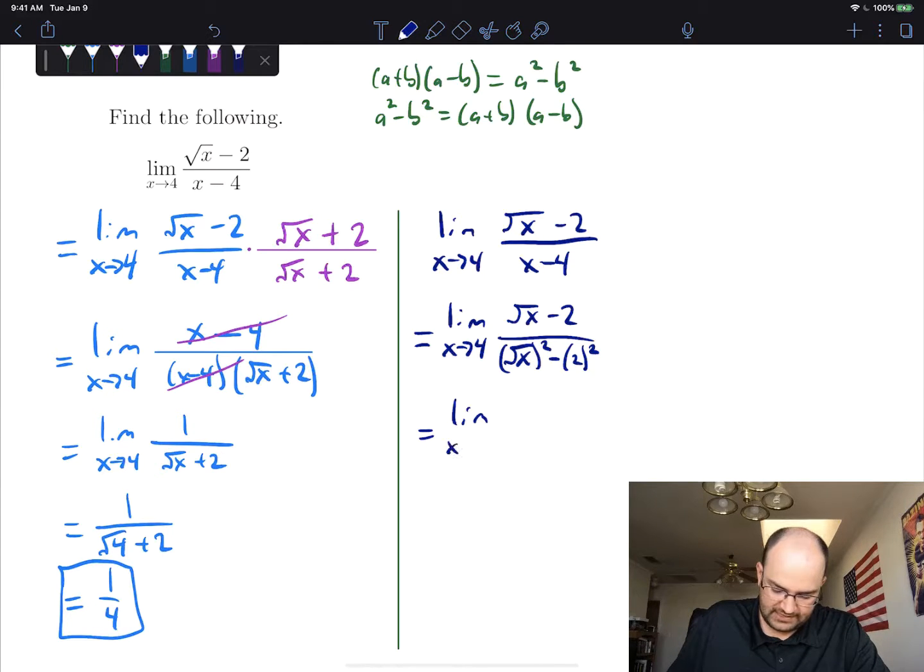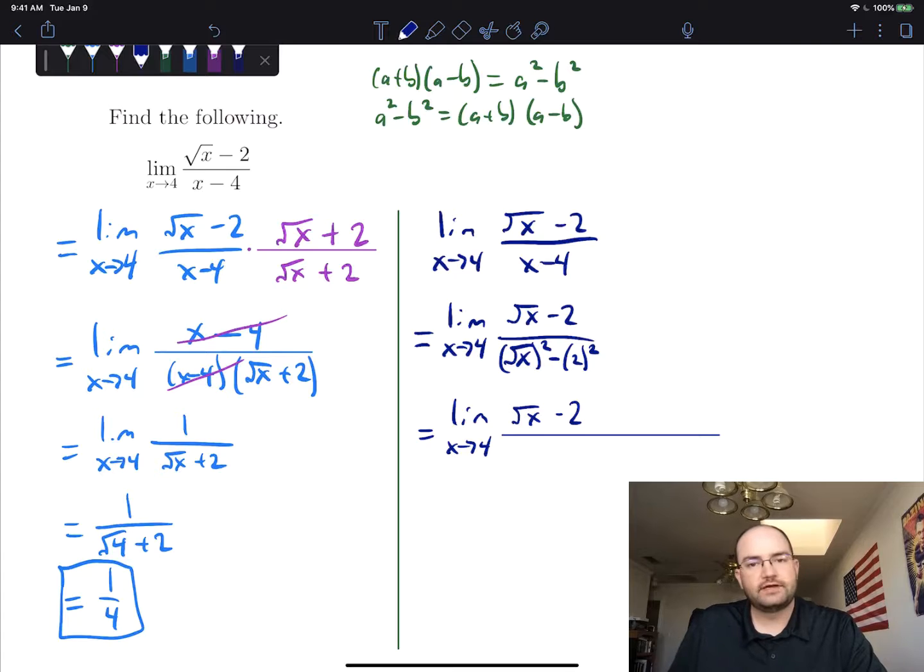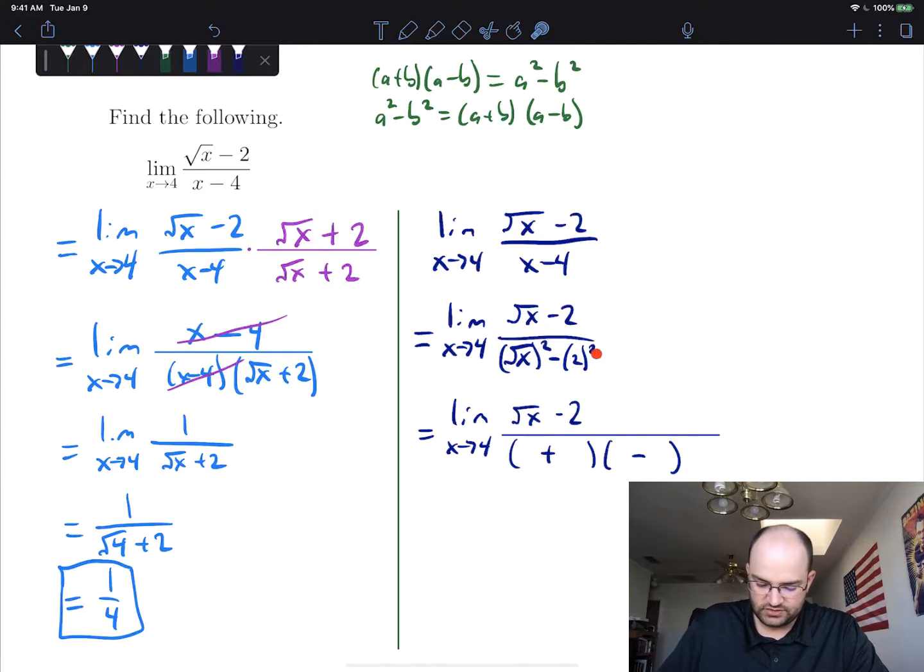We have the limit as x goes to 4 of the square root of x minus 2 in the numerator, and in the denominator, square root of x squared minus 2 squared. Well, it has two sets of parentheses, one positive, one negative. And then basically just drop the squares and write down what we have for each one of these. So we have the square root of x minus 2, square root of x plus 2.